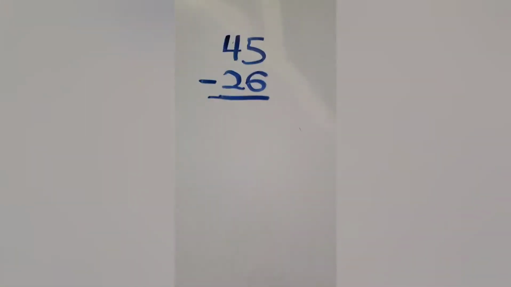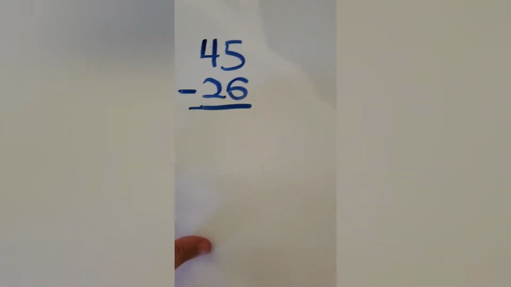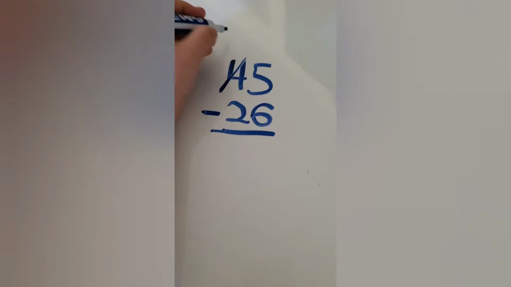Okay? So now I have to do that up here. I first take away the 4 and I write what, friends? I write 3. And then what do I do over here? I cross out the 5 and write what? You're right, 15.